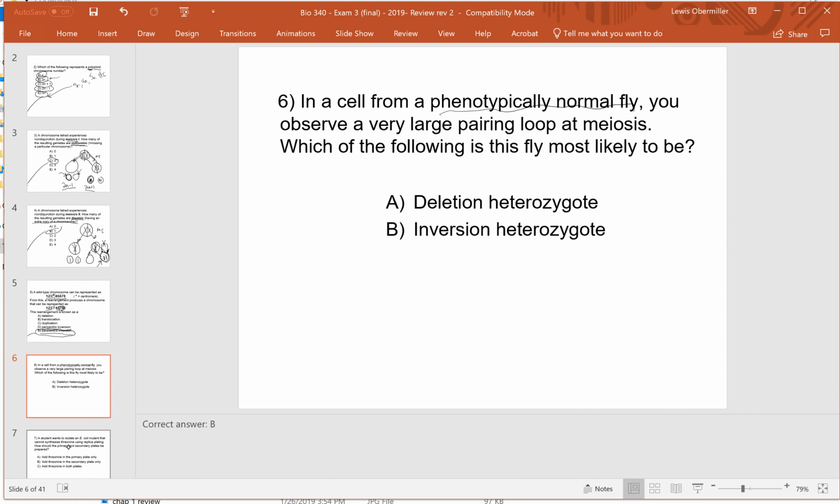Phenotypically normal fly, large pairing loop in meiosis, this is most likely to be a deletion or an inversion.